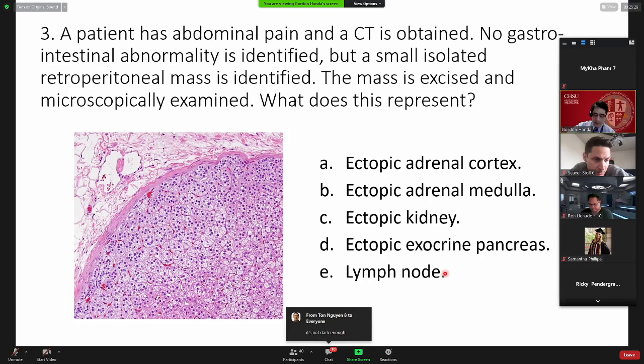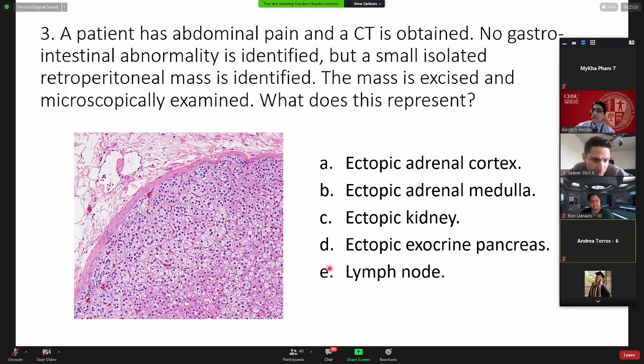Anyone else from group 6? Does anyone even remotely want to say that I think it could be a lymph node? I agree with Steve. I don't think it's a lymph node. I don't know that I can verbalize exactly why, but it just doesn't look like what I remember lymph nodes looking like. Okay, it doesn't look like what you've seen in a lymph node.